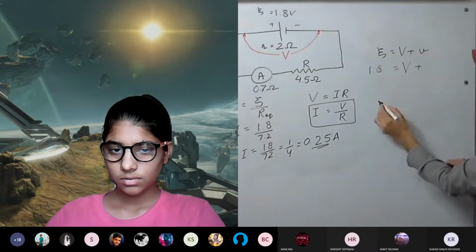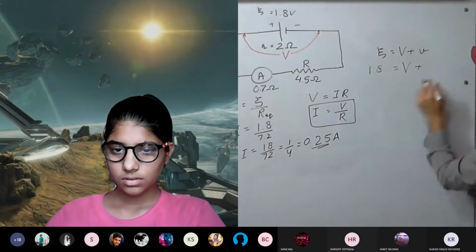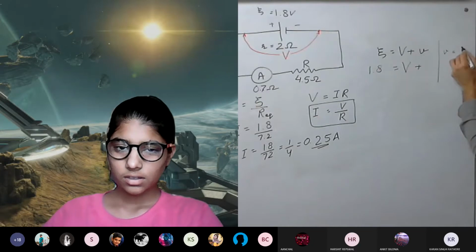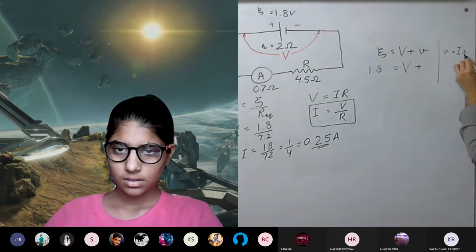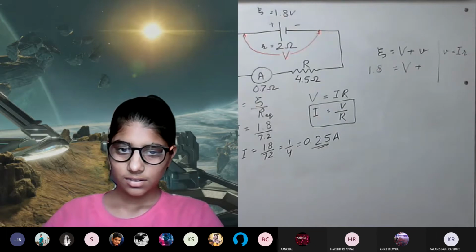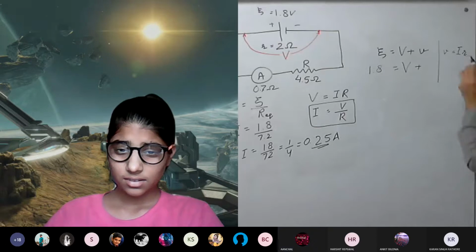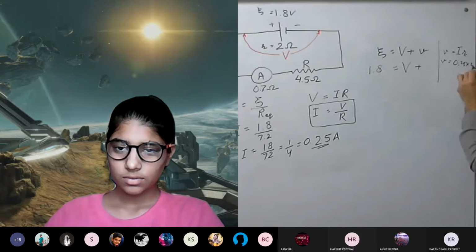How can we calculate small v? Current we already know, and r we know. The voltage drop is Ir, which is 0.25 into 2, that is 0.5 volt.